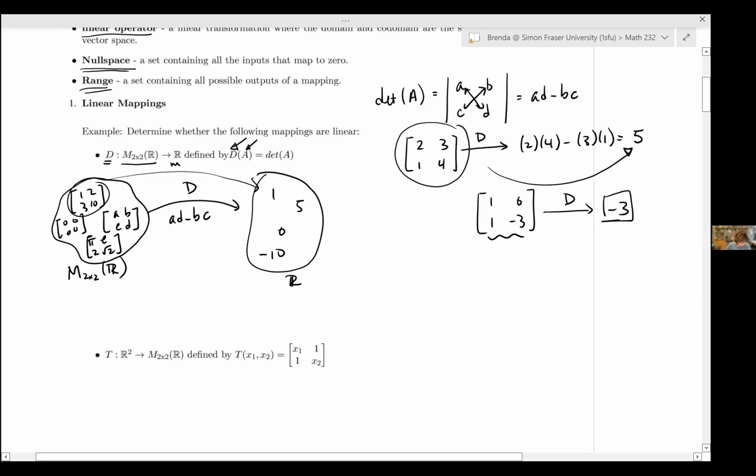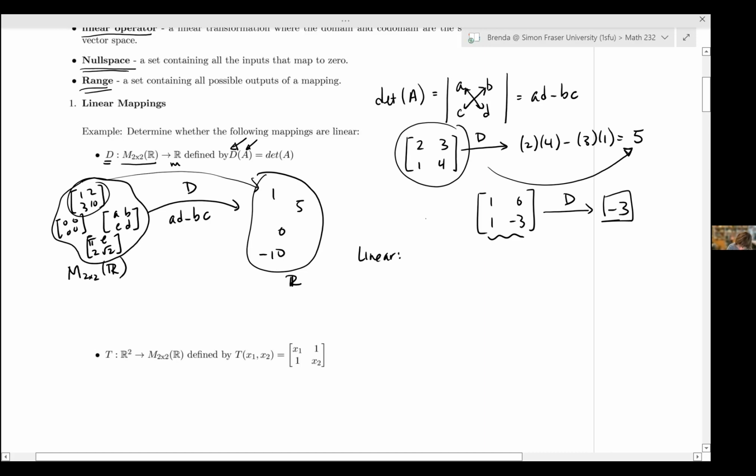Okay, so we want to know, is this linear or not? You're going to have to show if it's linear, it's closed under scalar multiplication and closed under addition. Let me rephrase that and do a better job. What does it mean for it to be a linear transformation?